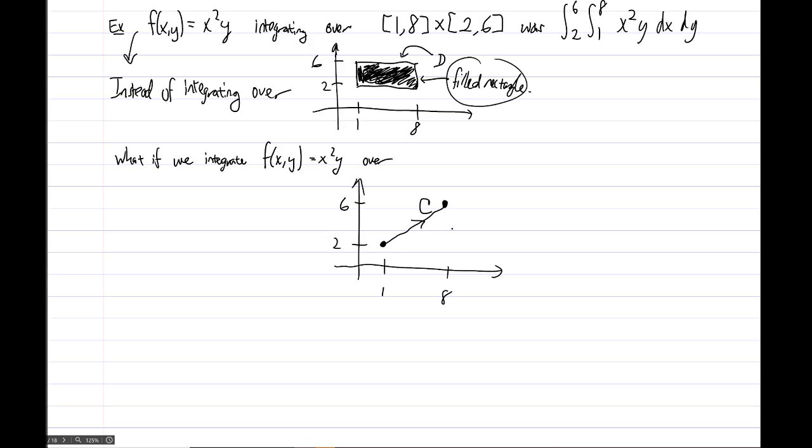Earlier we had a filled rectangle; this shape I'm describing right now is just a line segment, the line segment that connects the point 1, 2 to the point 8, 6. So that's what we're building up to. I would like to talk about integrating a function with two input variables, like x squared y, but not over a filled in rectangle, just over a line segment.